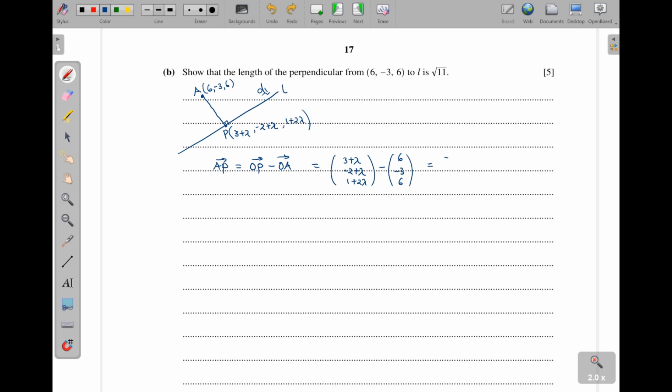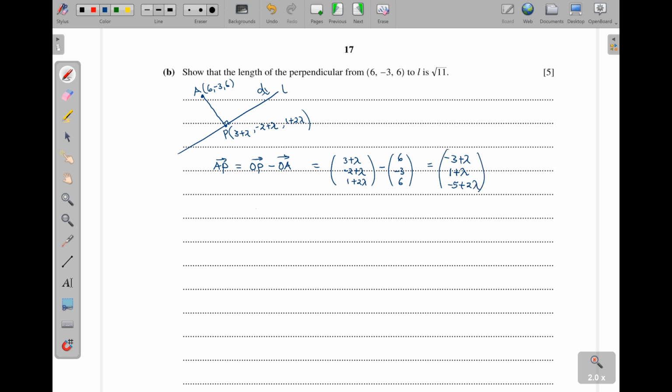We get negative 3, then plus lambda. And then negative 2 minus negative 3, that is negative 2 plus 3, which gives us a 1. So we shall have 1, then plus lambda. Then 1 minus 6 will give us a negative 5. So this is negative 5 plus 2 lambda. You see that?